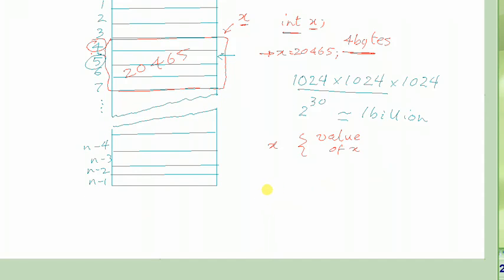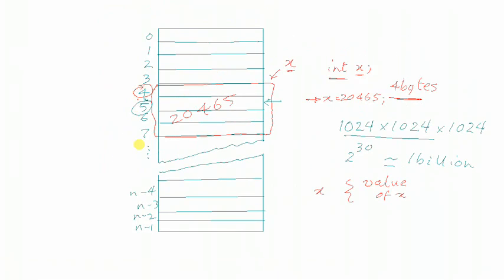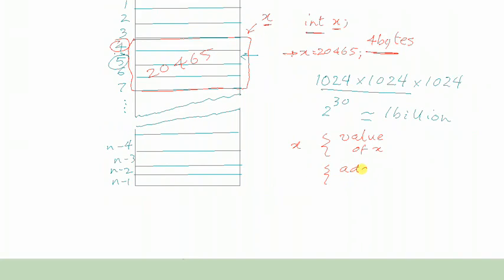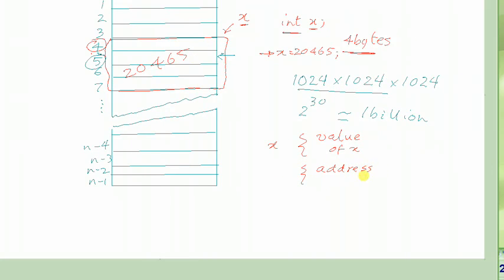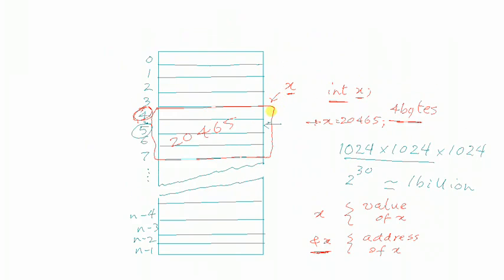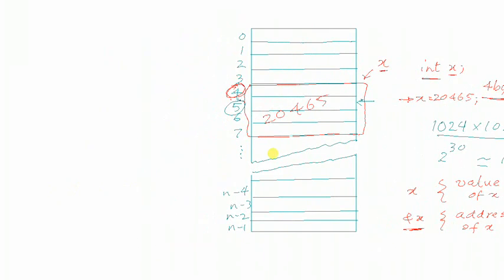So x is the same as the value of x. Now there is an address associated with x also. How would you access the address of x? How would you know what the address of x is? There is an operator called ampersand. So in a C program, if you write ampersand x, it means the address of the location where the value of x is stored.